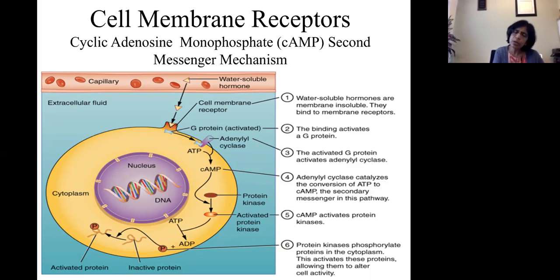What those cellular events are varies from one hormone to another and one cell to another. So we're not going to spell out all those specific details, but this is a global effect of the hormone at the target cell. Okay?